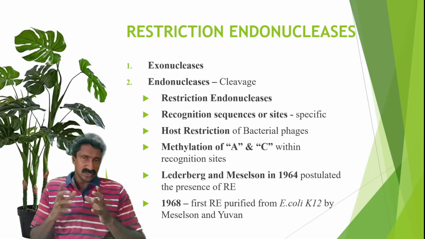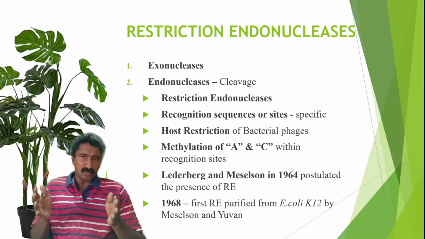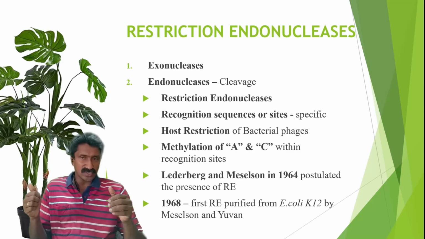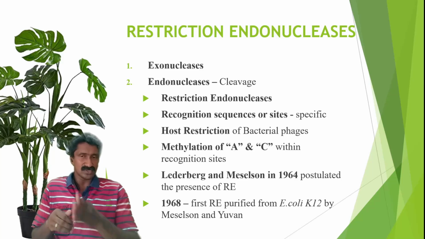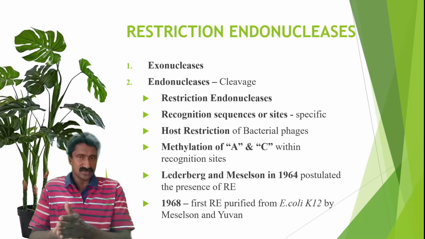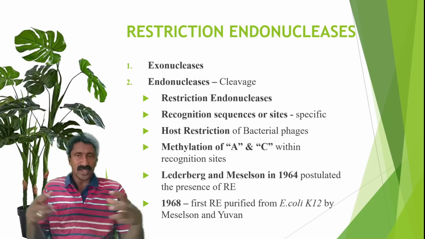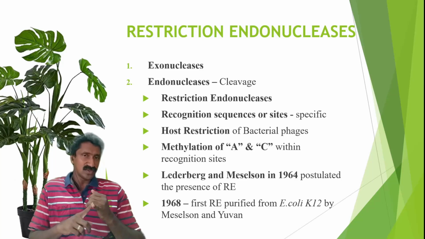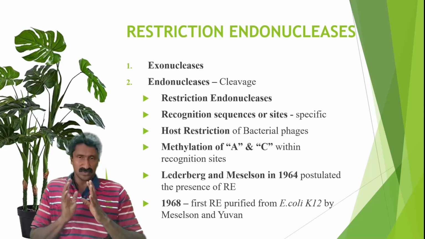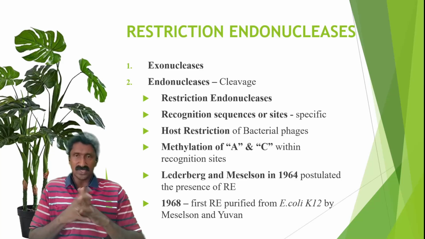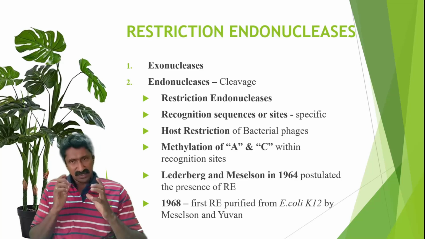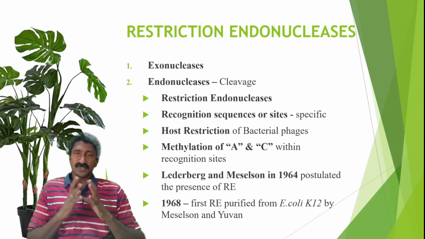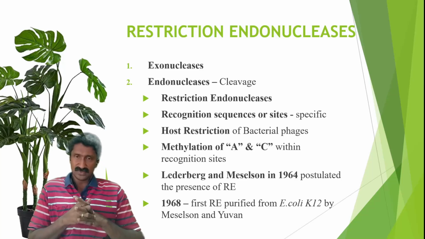Exonucleases, as you know, cleave from the extreme ends of the DNA. So exonucleases remove bases from the ends, whereas endonucleases cleave in between the strand, so they won't act at the ends. These are the two types of nucleases, exonucleases and endonucleases. This is already known to you. And restriction endonucleases are another specific type of endonucleases.